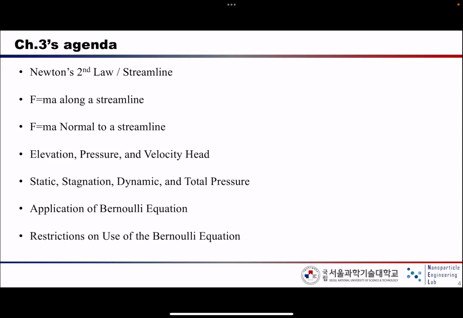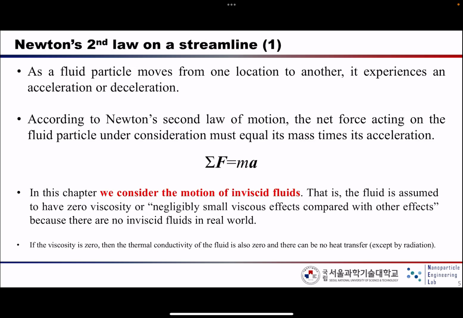In chapter 3, we are going to discuss the Bernoulli equation. In the last lecture, we talked about how to derive the Bernoulli equation by using Newton's second law in a streamline coordinate system and also the normal to streamline coordinate system.